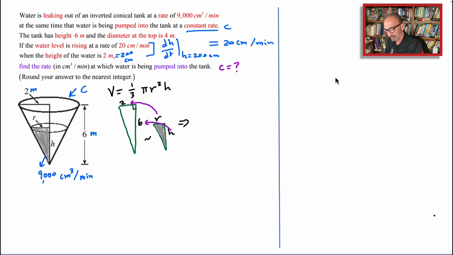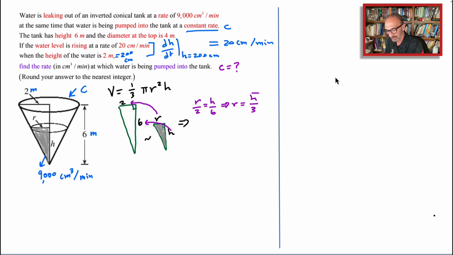So I end up with R to 2 equals the height to 6. Multiplying both sides by 2, leaving R alone by itself, I end up with R equals, now when 2 shows on the right side, 2 and 6 simplifies to 1/3, so I have 1/3 H, or H over 3.